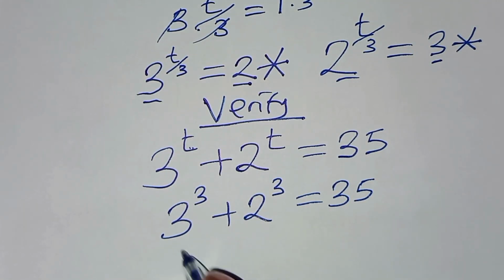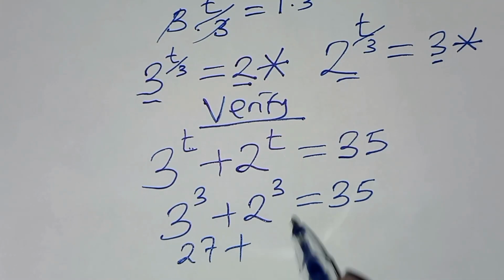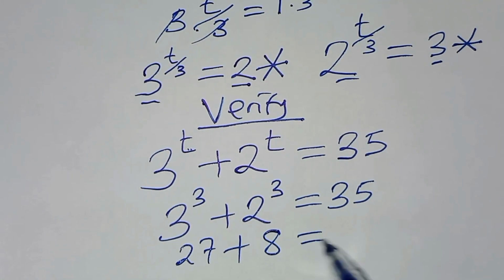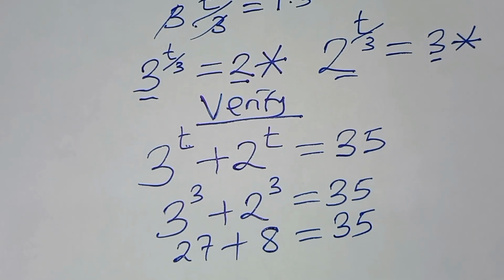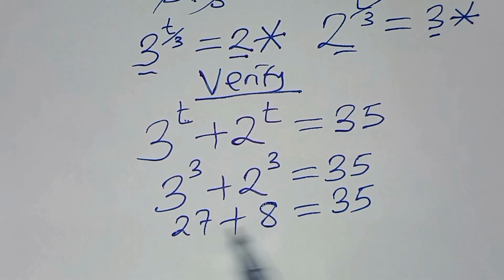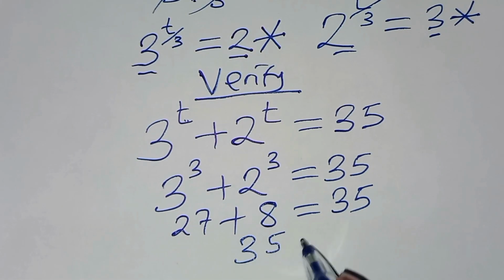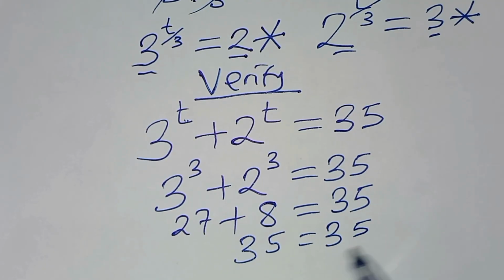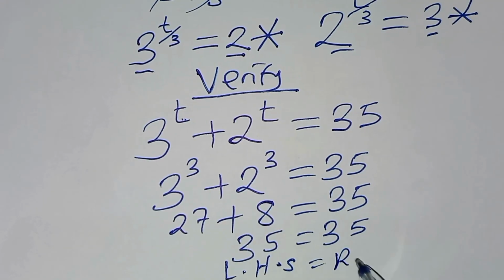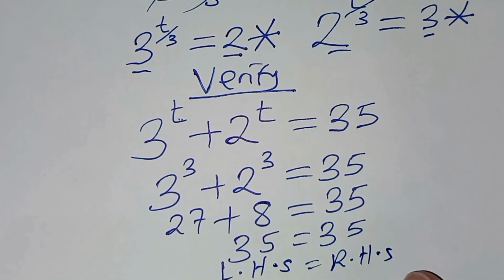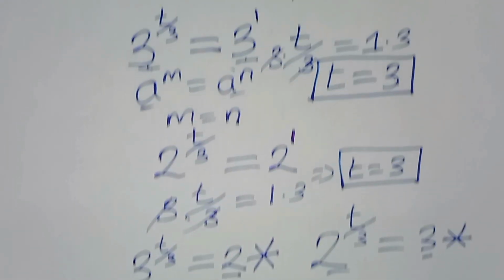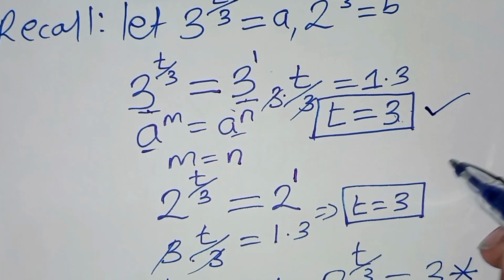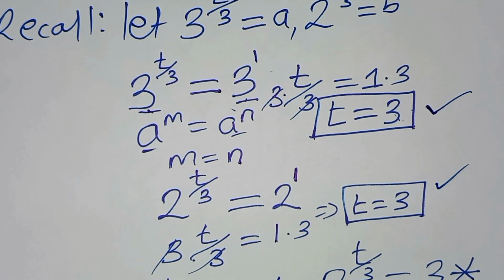So 3 to power 3 is 27, plus 2 to power 3, which is 8. So 27 plus 8 is 35. And that shows that the left-hand side is equal to the right-hand side, and that affirms that the value of t, which is equal to 3, actually satisfies the equation.